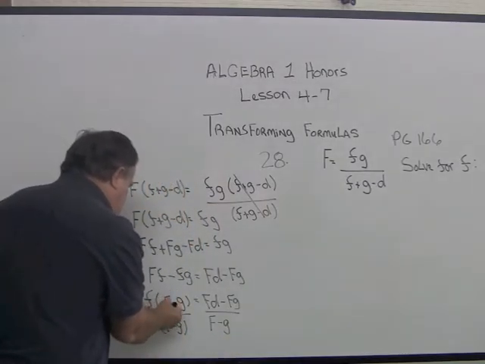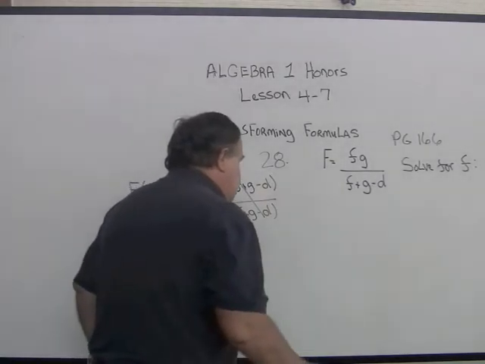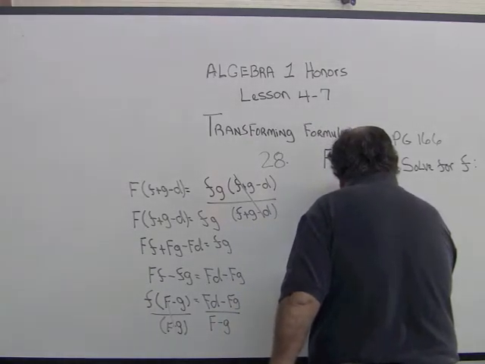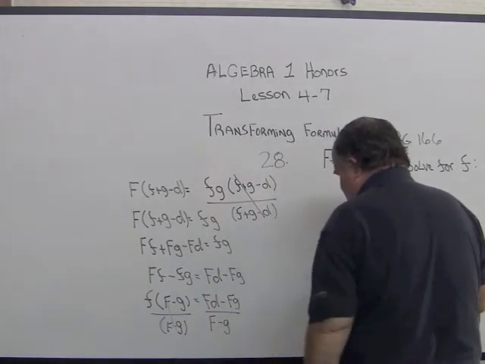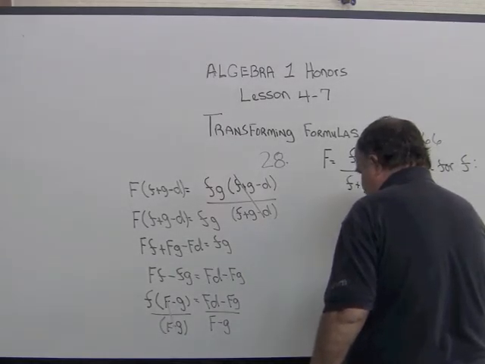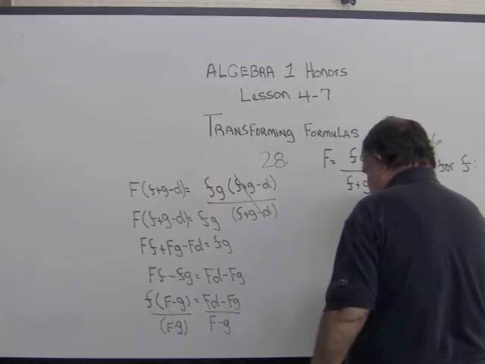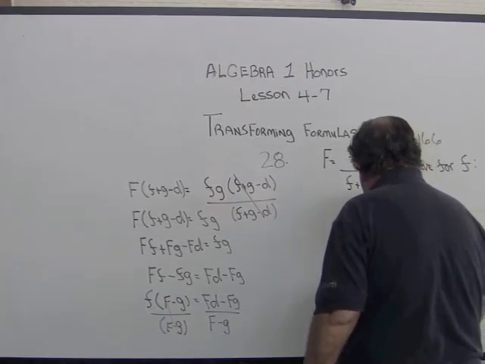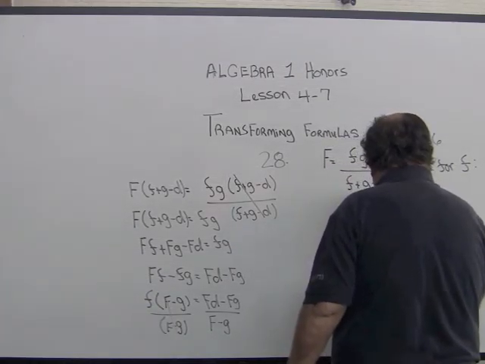Okay, this is going to cross off, and my answer to solve for f will be this: f will equal big F times little d minus big F times g, over big F minus g. And that's as far as you can go. This is your answer.